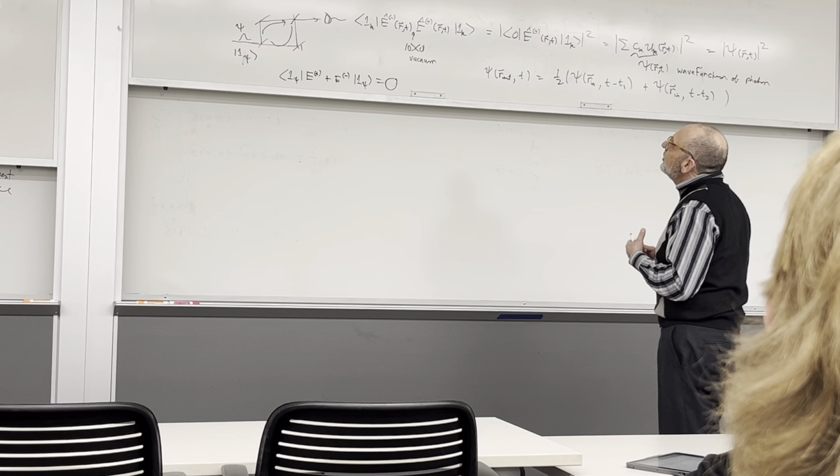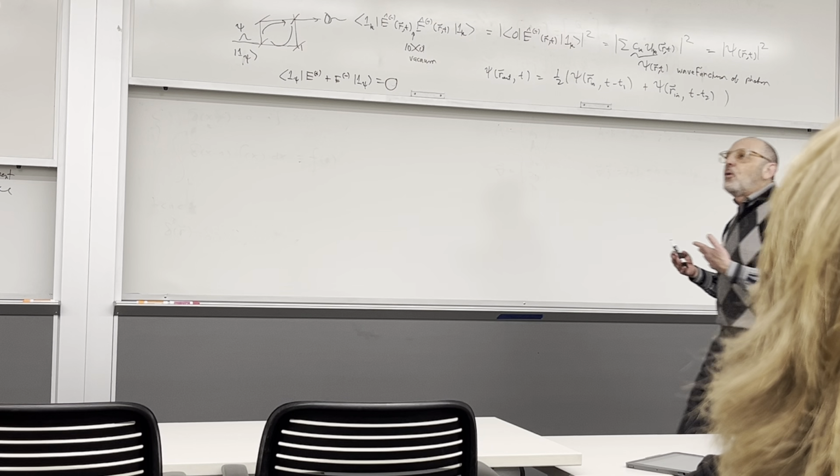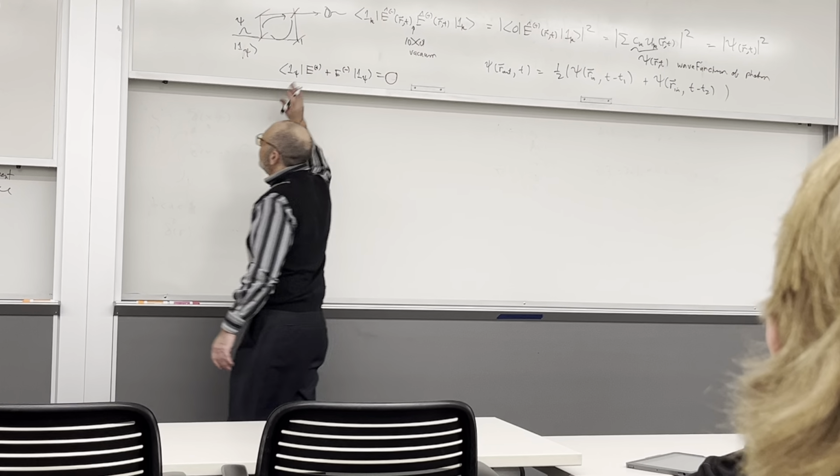Okay, so from that point of view, what we need to remind ourselves is the notion of what we mean by a classical state of the field, of the quantized electromagnetic field. What are the quasi-classical states?